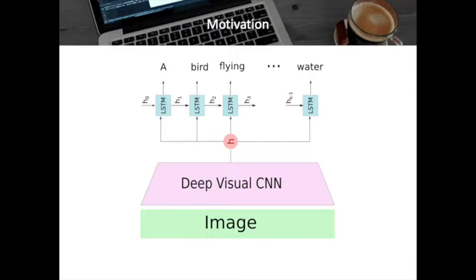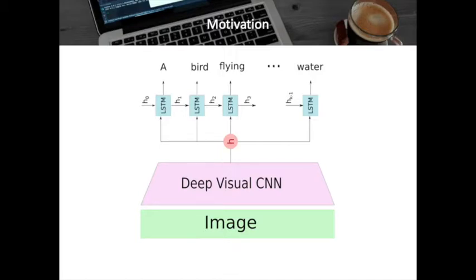That's where the attention mechanism comes in very handy, because using this approach, we can first divide an image into individual parts, and then compute representations using CNNs, convolutional neural nets, for each of those individual parts.